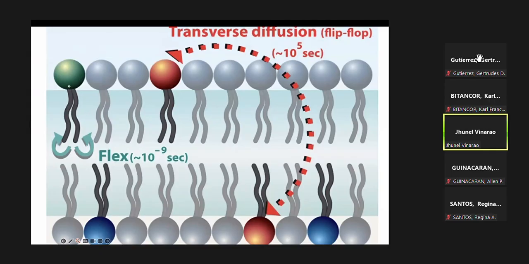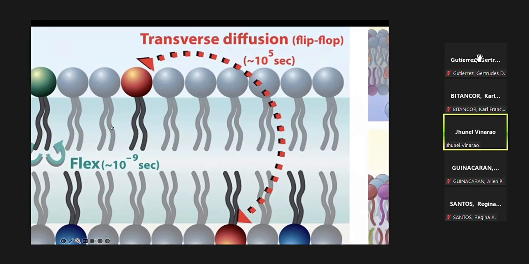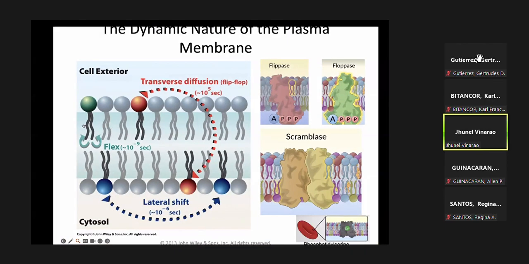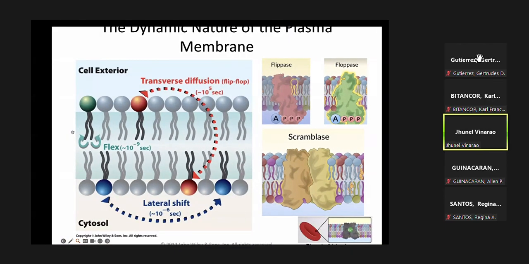Also, nagmo-move din yan, since the bonding between the lipid head and the tail is single bond. And di ba nabanggit ko sa inyo na single bonds, they are freely rotating. Okay? So this one can rotate as well, clockwise or counterclockwise. And yeah, the fastest so far is this kind of movement, the flexing, lateral followed by lateral shift.